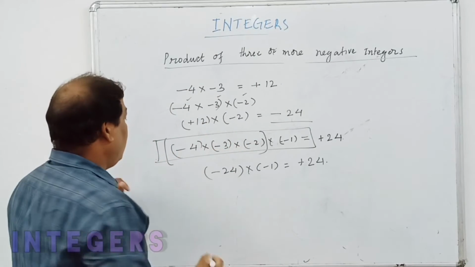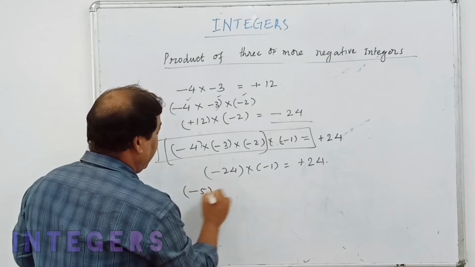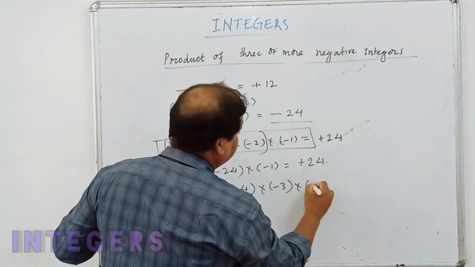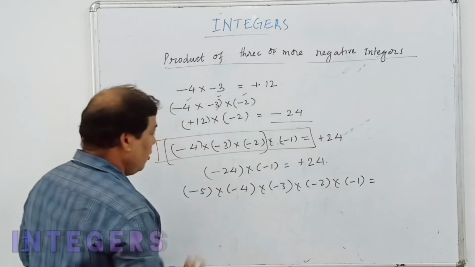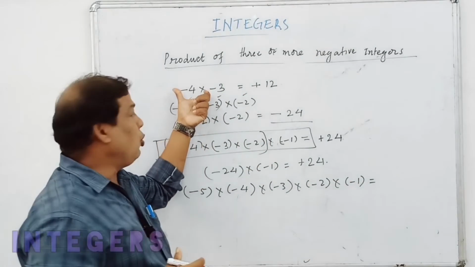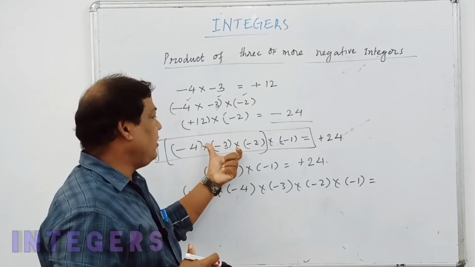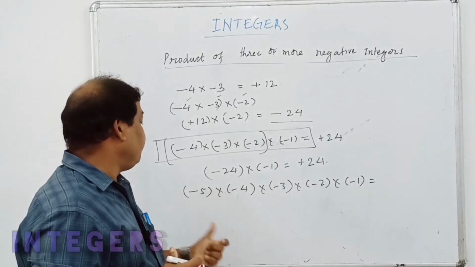Now we will take 5 integers: minus 5, then minus 4, then minus 3, then minus 2, then minus 1. Here we have 5 integers. In the first example there were 2 integers, then 3 integers, then 4 integers, and then 5 integers.